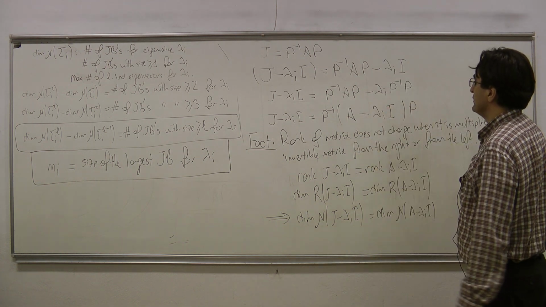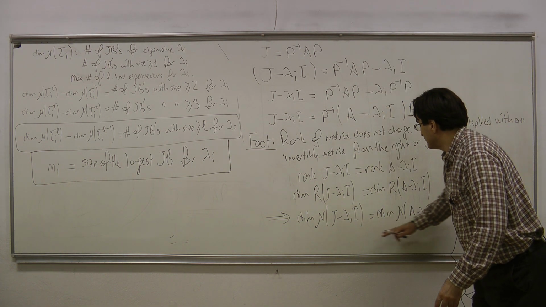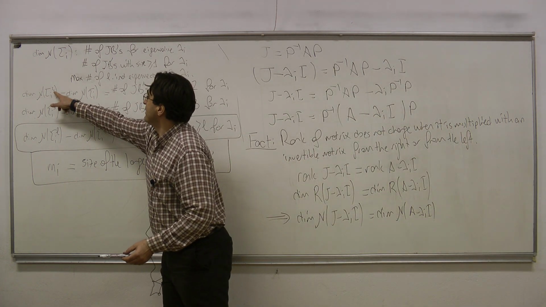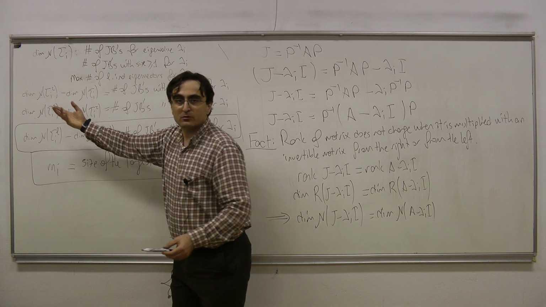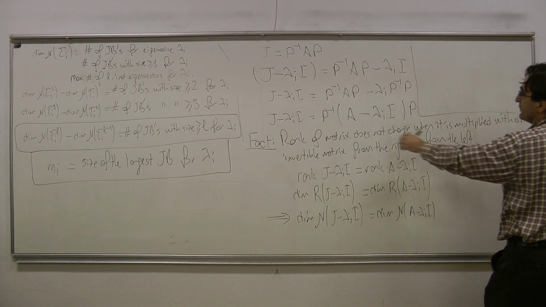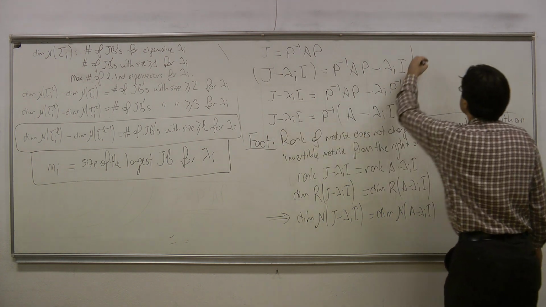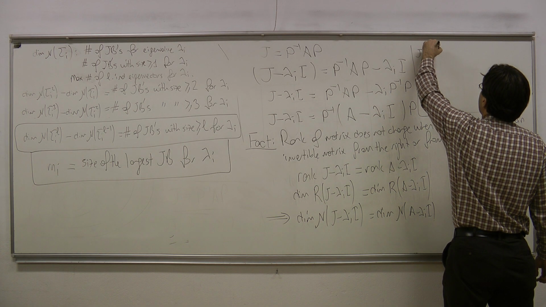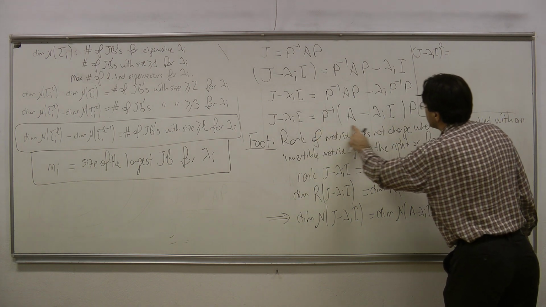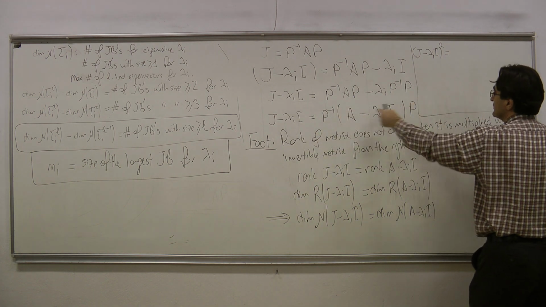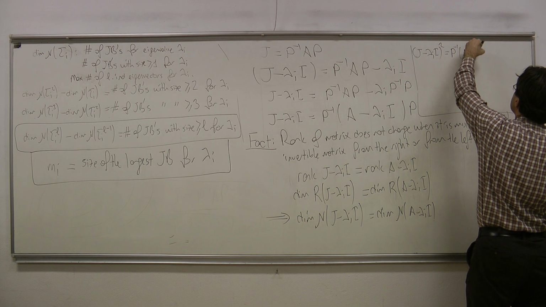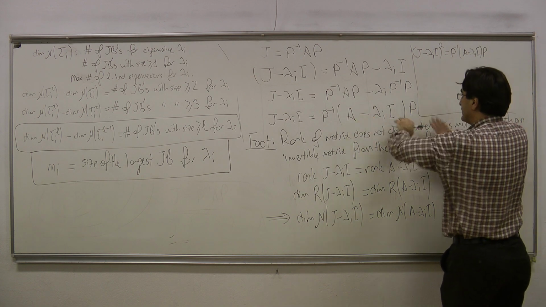What about the square of these matrices? We are not only interested in the dimension of this null space, we are interested in the matrix square and matrix cube. What about the dimension of their null spaces? It is really not difficult. Let me take the square of both sides. J minus lambda I squared is P inverse A minus lambda I identity P, times itself.